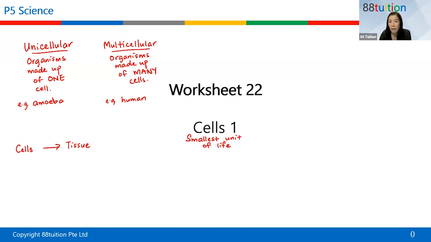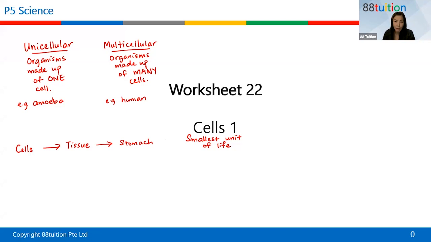And then, correct. After that, the tissue will then come together to form what organ? What was the example given in the video, if you can recall? Very good. So this is the organ, which is the stomach. Now, there are other organs involved as well.